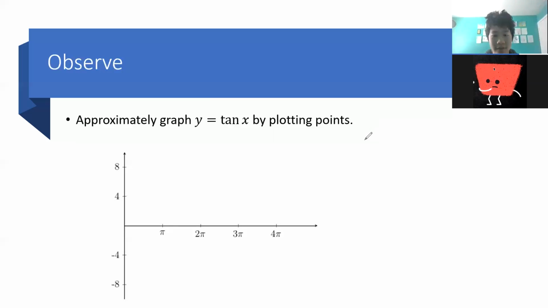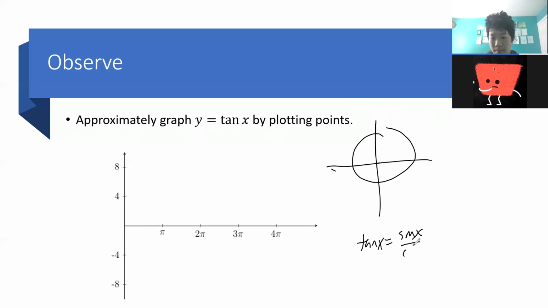So what's the graph of tangent x? Remember, tangent is sine over cosine. Sine is the y value, cosine is the x value, which means y over x. Slope. So tangent of x is the slope.